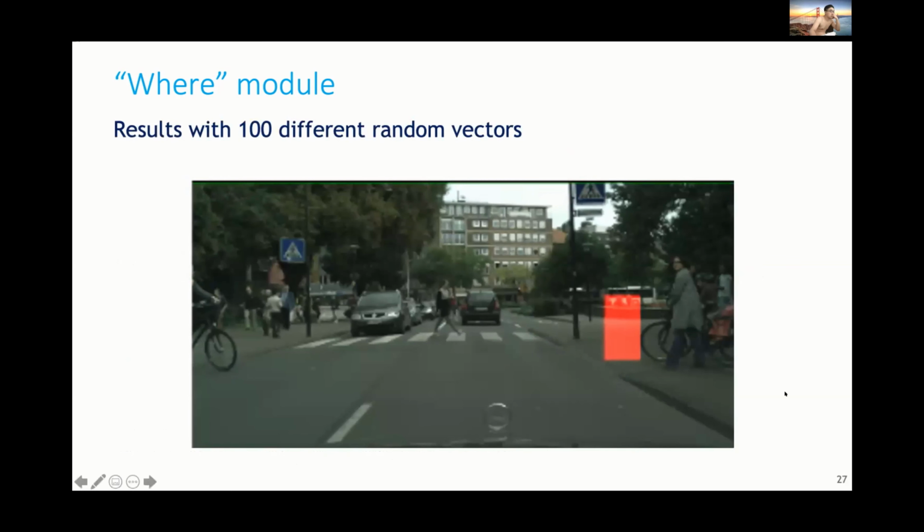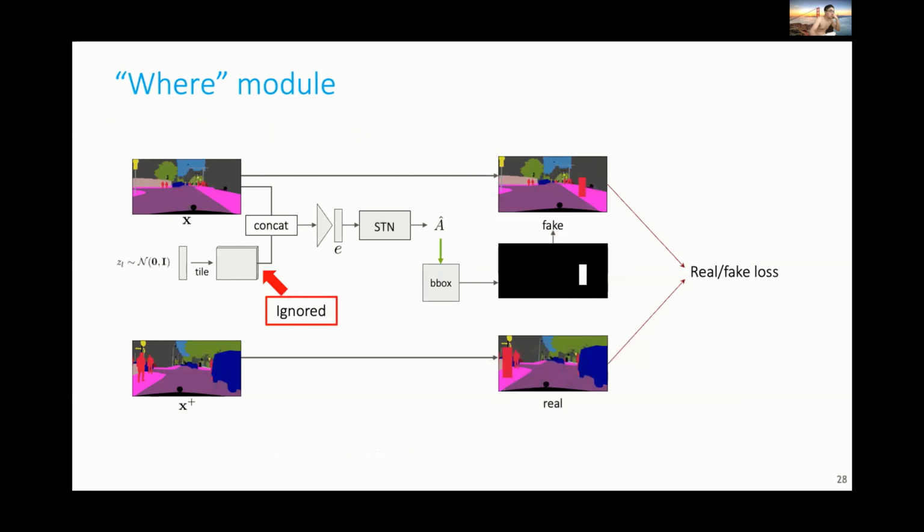So here, in fact, we draw 100 object locations, but all of them appear at the same position. The reason is that this random vector is not well trained. So just like many other generative models, we add a reconstruction loss into this framework.